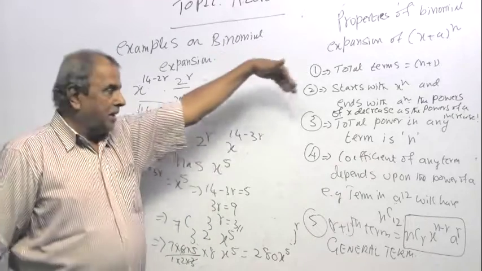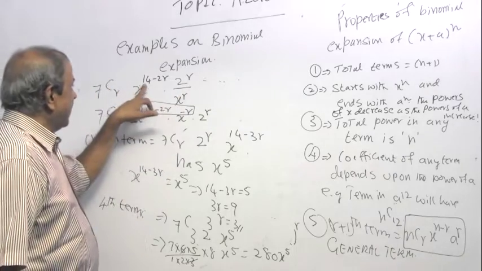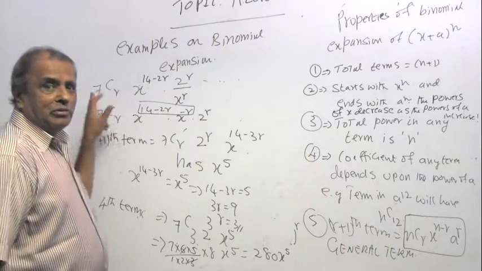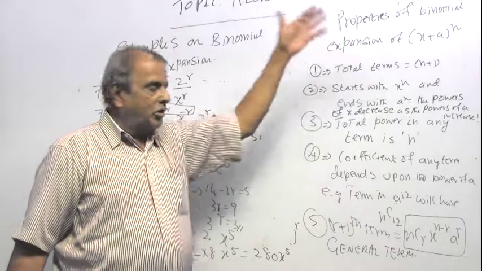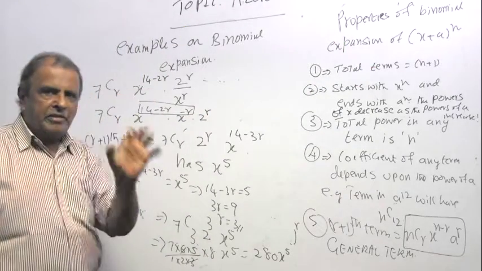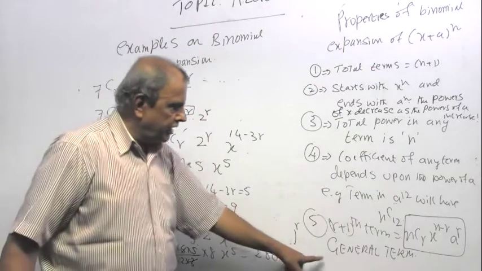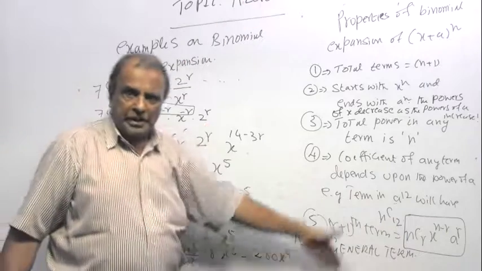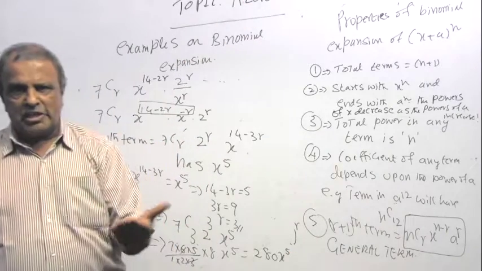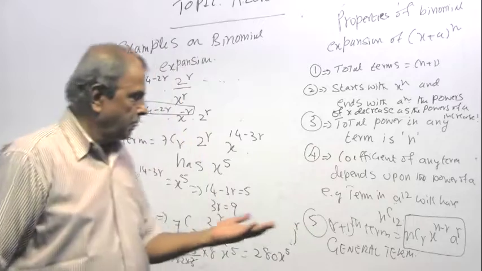You have to do the whole expansion. Remember, power 7 will have 8 terms, so you have to do the 7th term most probably. I'm just guessing. So whenever you want a specific term, use the general term formula. When you want to do an expansion, use the properties, but that's only a suggestion. You're welcome to do it whichever way you want.